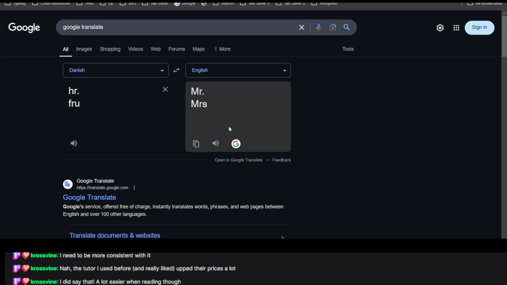Listen and read how these people introduce themselves and repeat. Let's see, it says: Jens introduces himself to somebody he does not know. Niels meets his brother's new girlfriend. Marie goes to the travel bureau to collect her tickets. Lotte introduces herself to a fellow student when she joins an evening class.